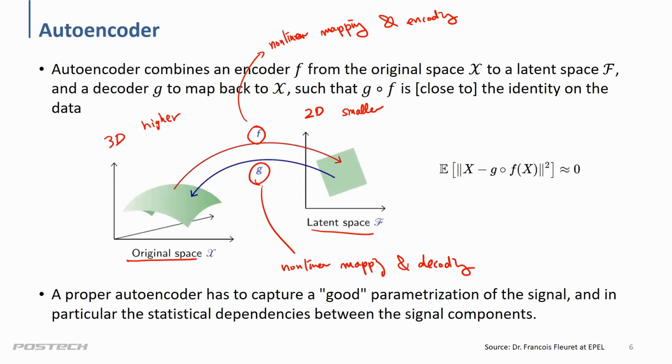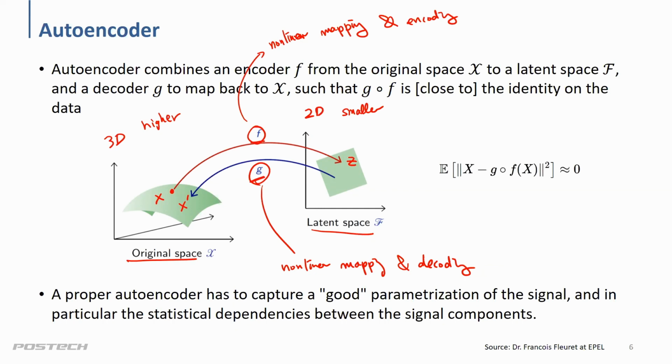What I'm trying to do is, starting from X, through the nonlinear mapping F we get Z, and through the nonlinear mapping G we get X prime.